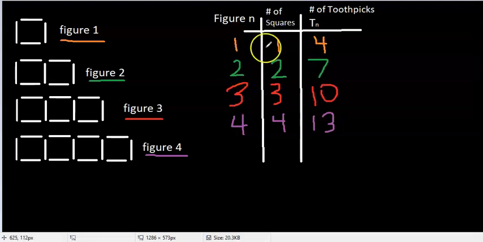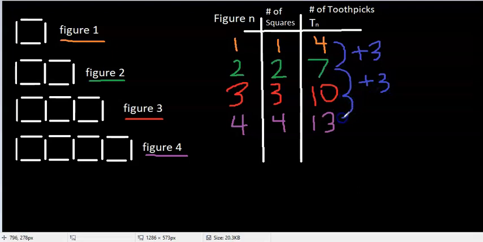As we populate our table, we recognize that our number of toothpicks increases from 4 to 7, so it increases by 3, and then from 7 to 10 is another jump of 3, and from 10 to 13 is another jump of 3. So it seems like every time I add a square, I increase by 3 toothpicks.